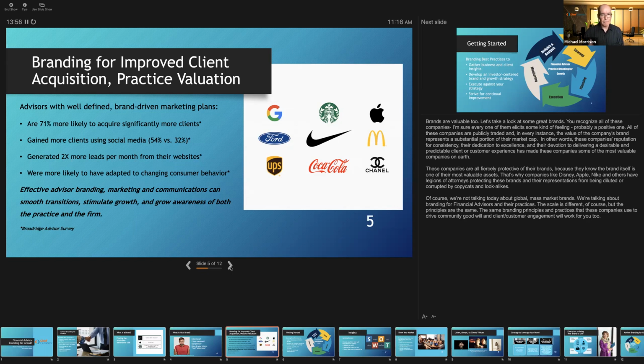These companies are all fiercely protective of their brands because they know the brand itself is one of their most valuable assets. That's why companies like Disney, Apple, Nike, and others have legions of attorneys protecting their brands and their representations from being diluted or corrupted by copycats and lookalikes.